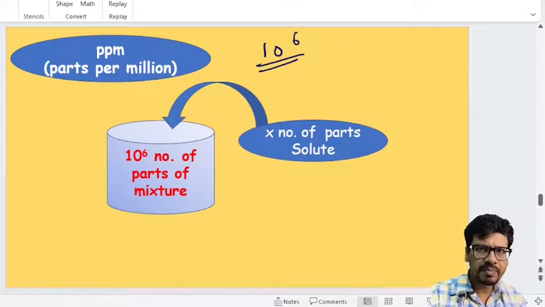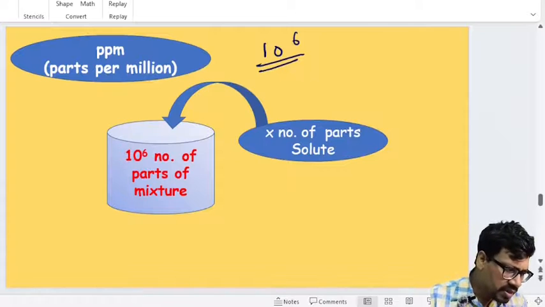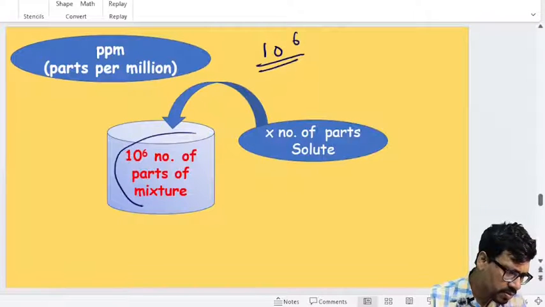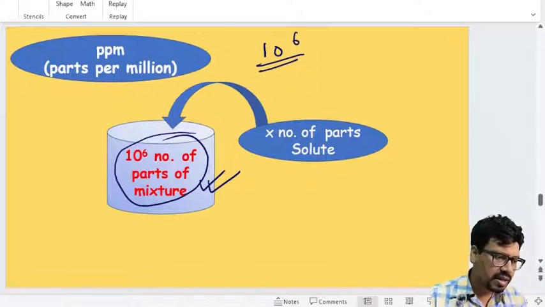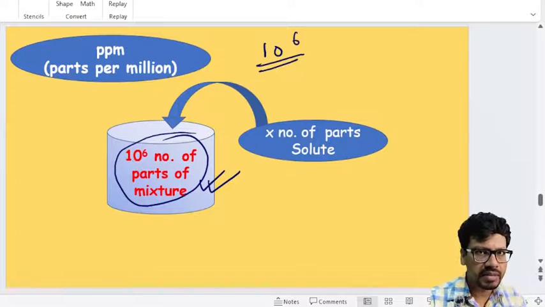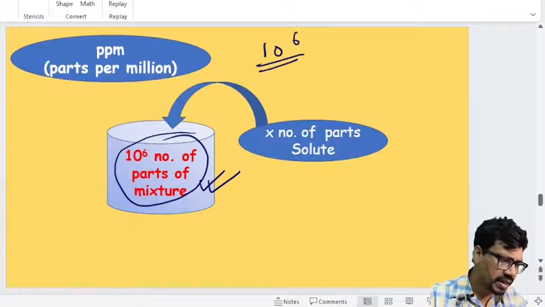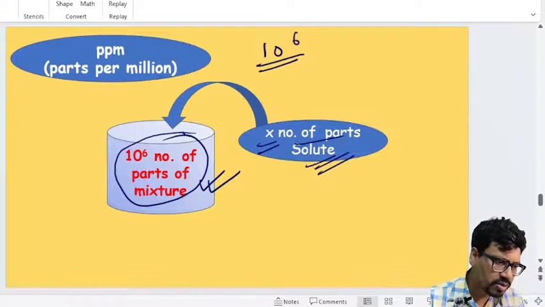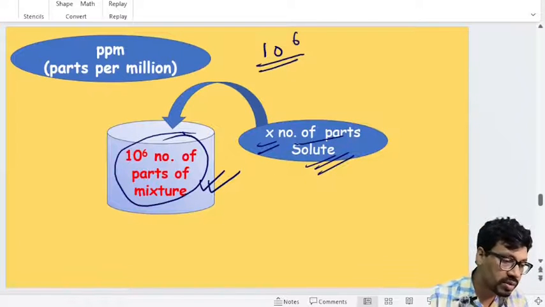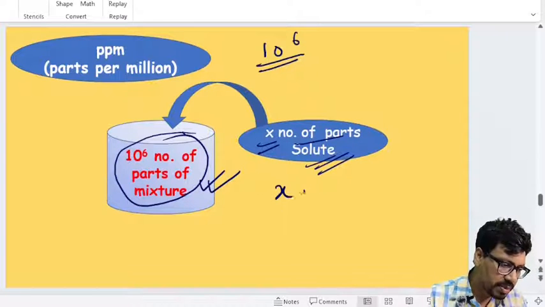So simply, if the mixture has 10 to the power 6 parts, and in that amount x parts of the solute are present, then the concentration is x ppm.